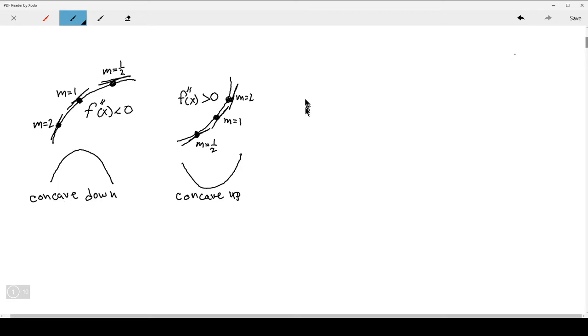All right, so we end up with some definitions here. If f double prime of x is less than 0 on an open interval from a to b, then f is concave down on the open interval from a to b.